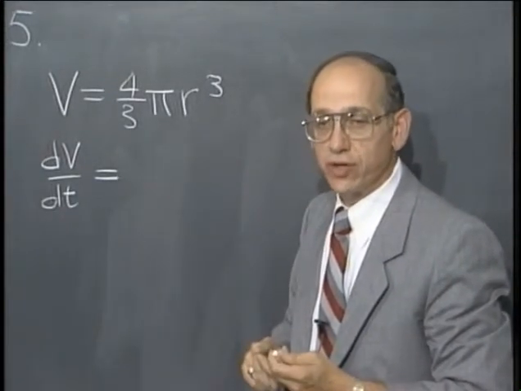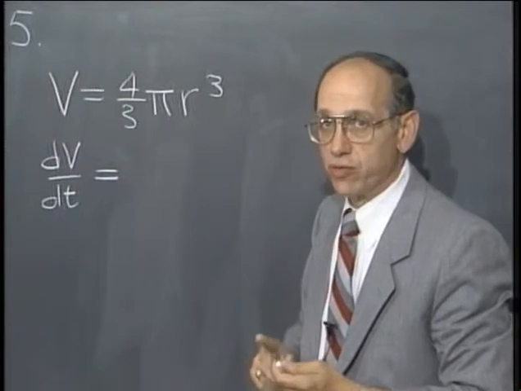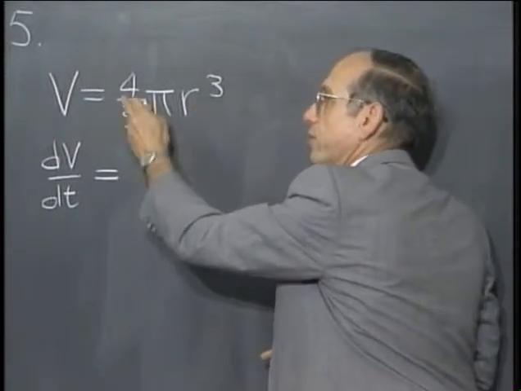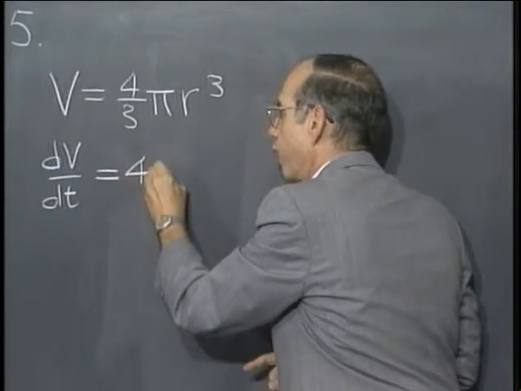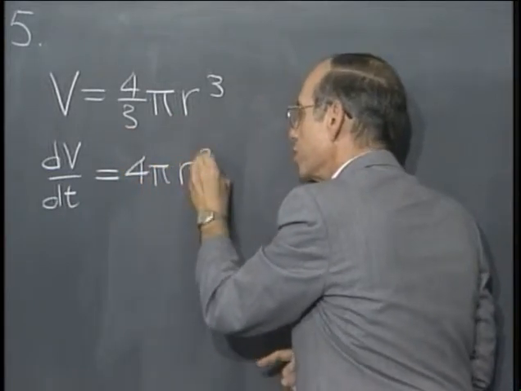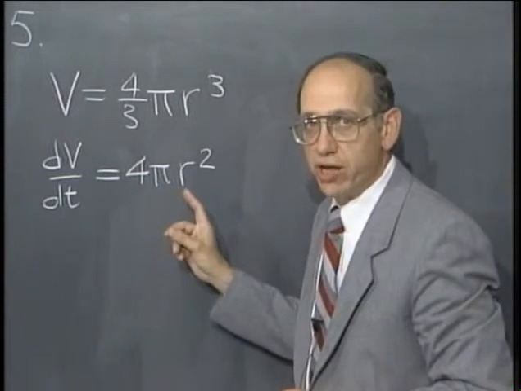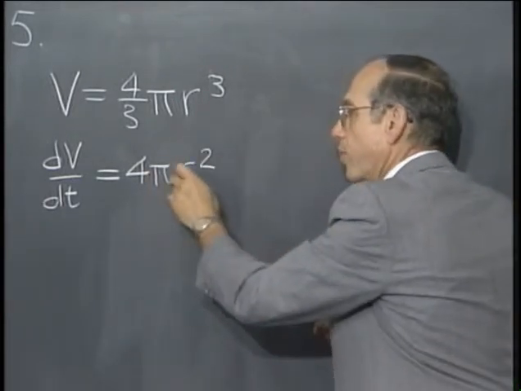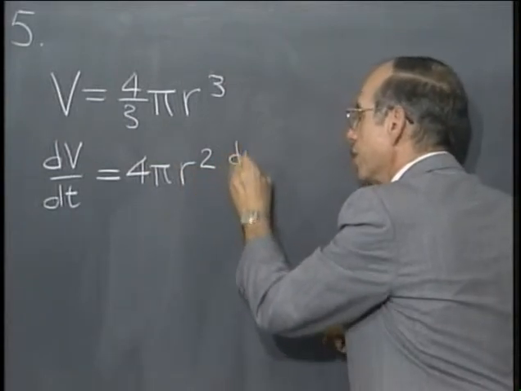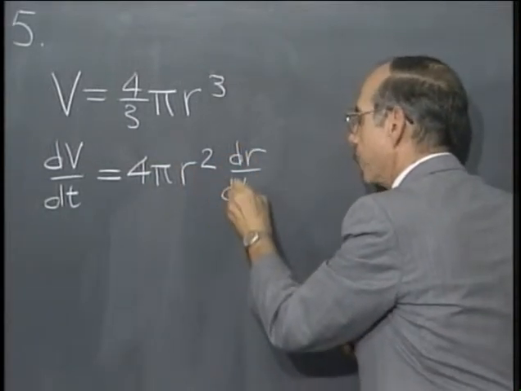R is a function of time, and we're going to use the chain rule. When we do that, we get 4/3 pi times 3. The 3's cancel. And we get 4 pi times r squared. Now, don't forget that chain rule. R is a function of time, so the derivative is 4 pi r squared times dr/dt.